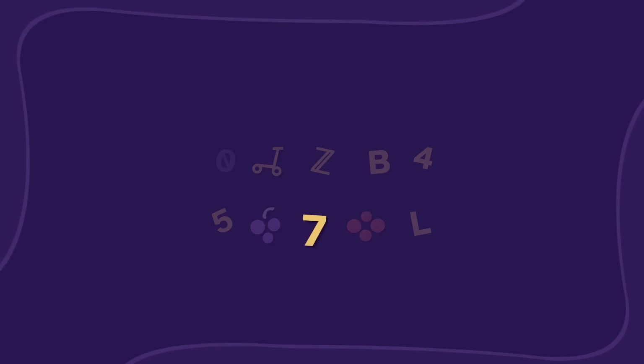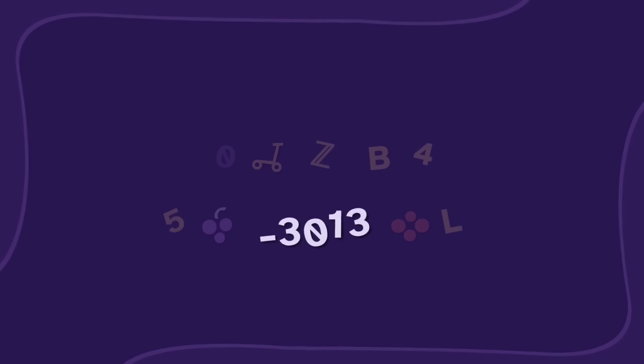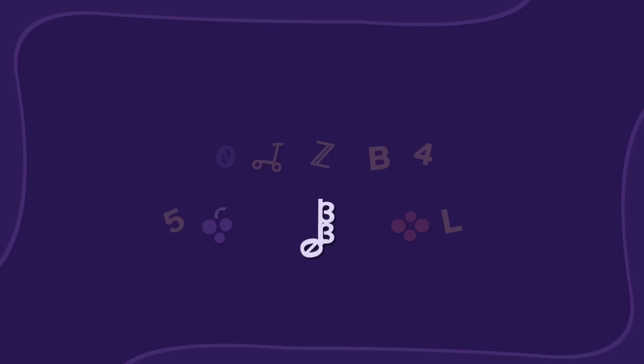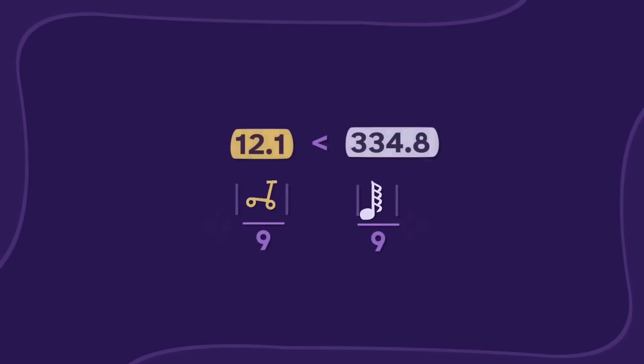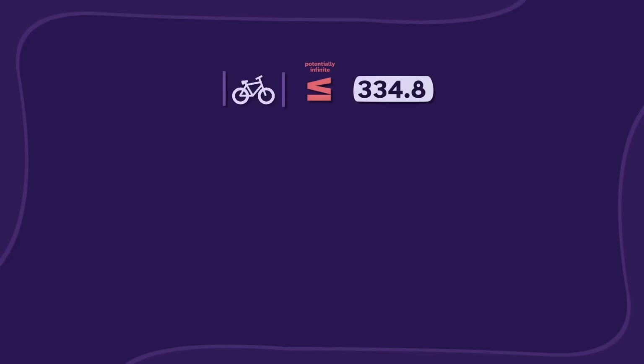What if we swap 7 for -3013? Of course, we need to squish these to make a 64th note. And then notice that absolute over 9 is 334.8. So now we have a much wider range of potentially infinite values.